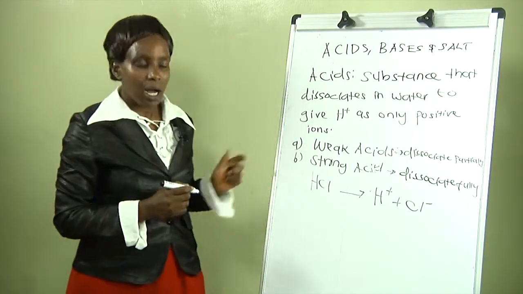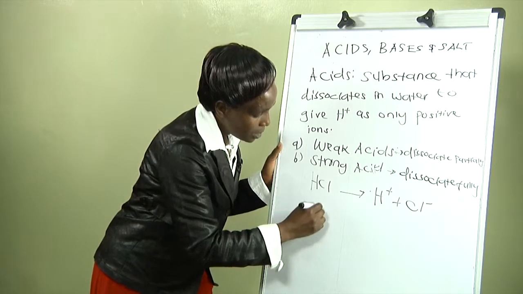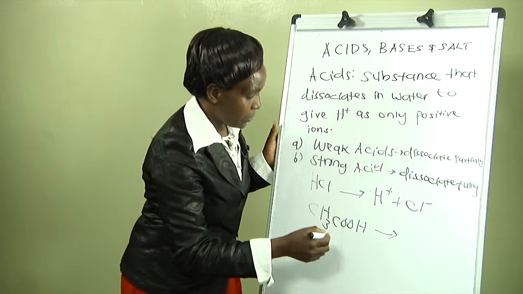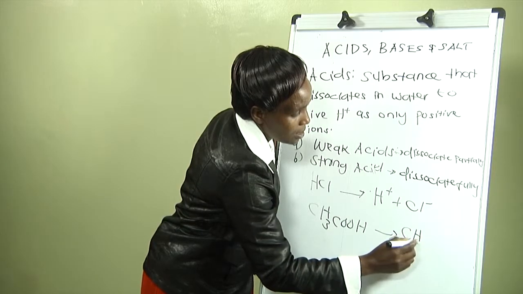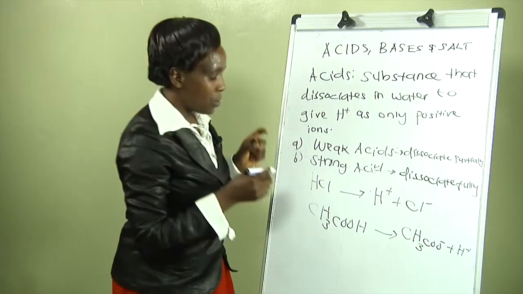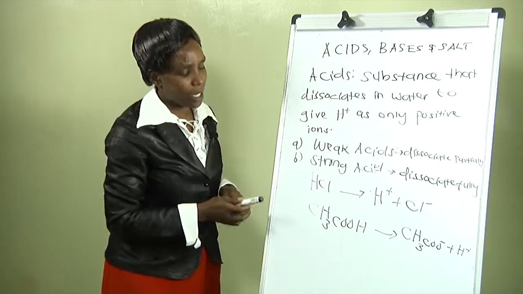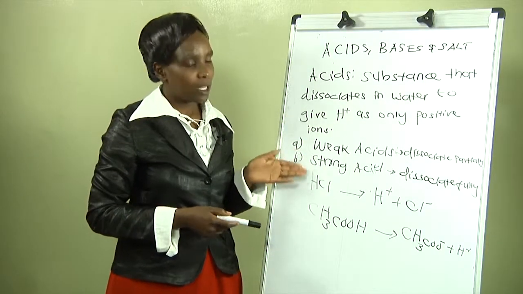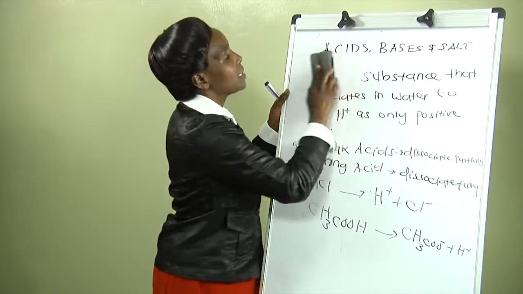But a weak acid, like ethanoic acid, CH3COOH, put in water, gives CH3COO negative plus hydrogen ions. So strong acids dissociate fully, weak acids dissociate partially, and we saw examples of both. That's what we did last time.